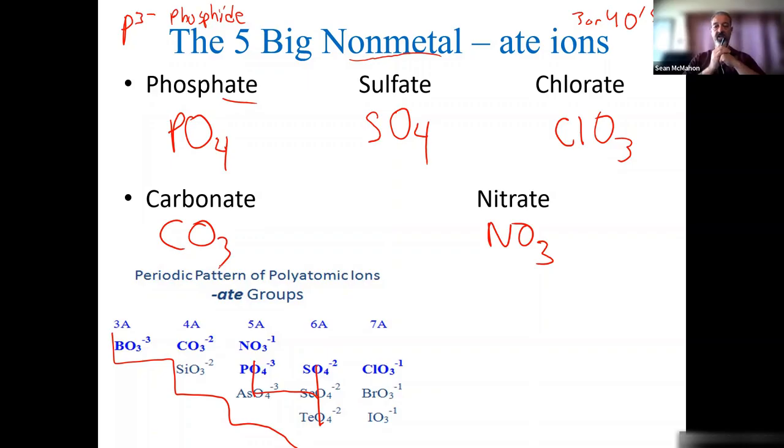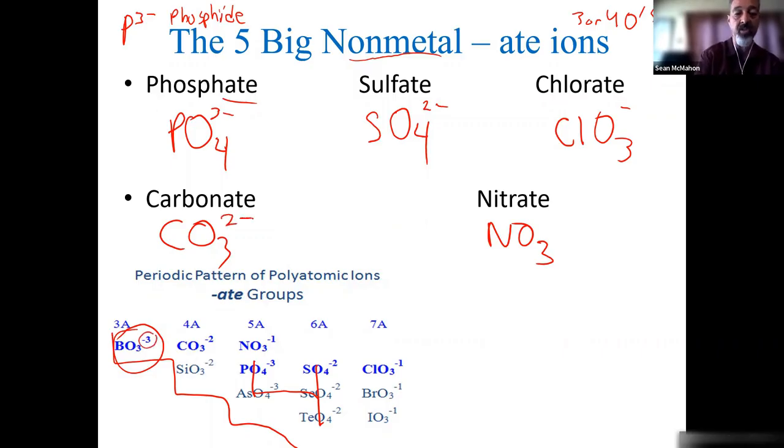Next, phosphate has a 3- charge, just like phosphide. Sulfate has a 2-, just like sulfide. Chlorate has a 1-, like chloride. Where is it tricky? We see some inconsistencies, like with borate. How do I know this is borate? I have boron. I'm not on the 4, so I have 3 oxygens, but the charge is 3-.